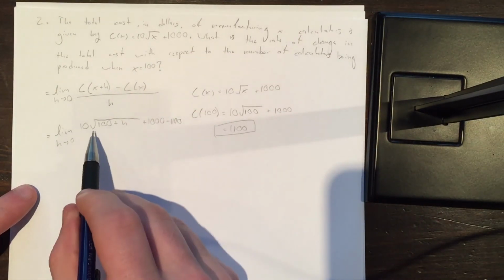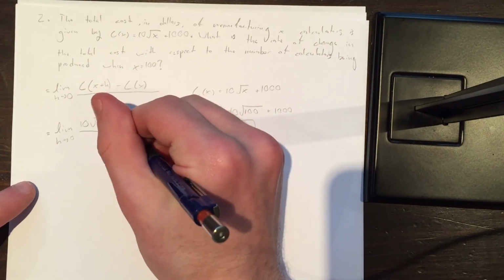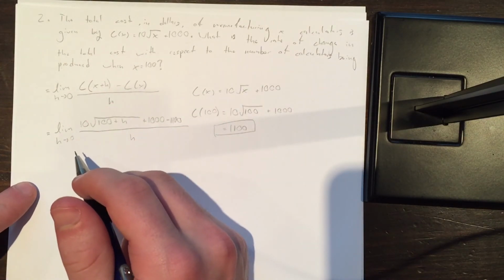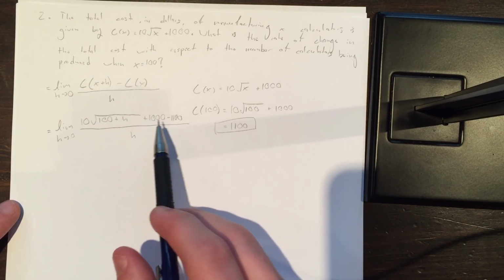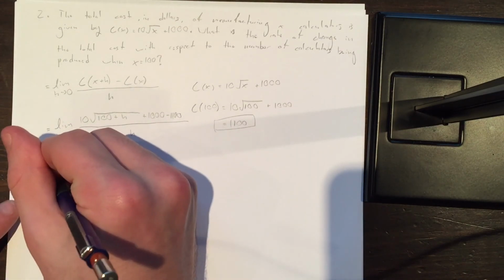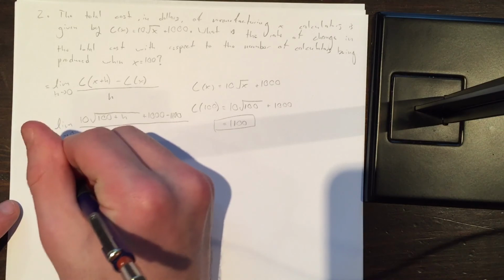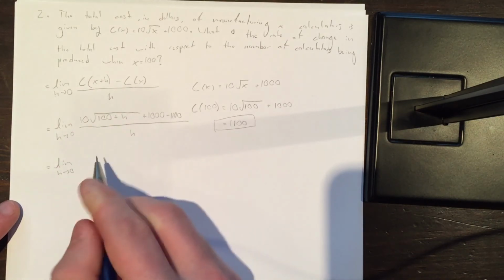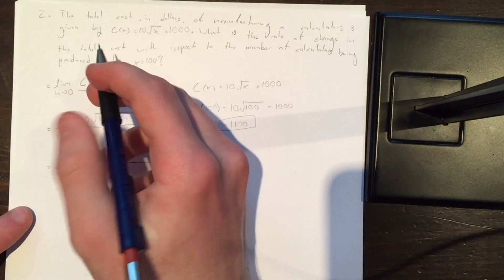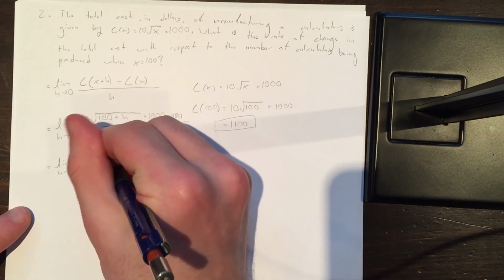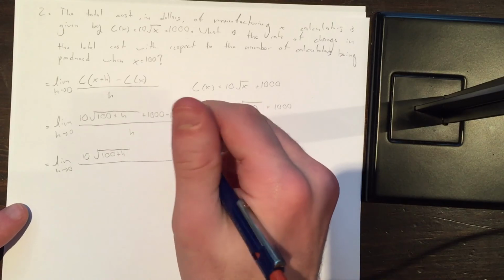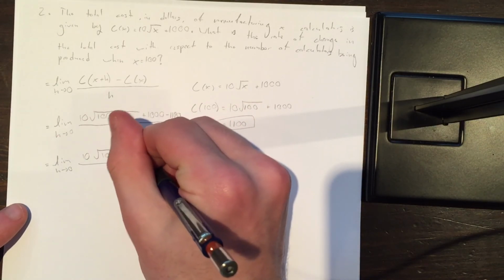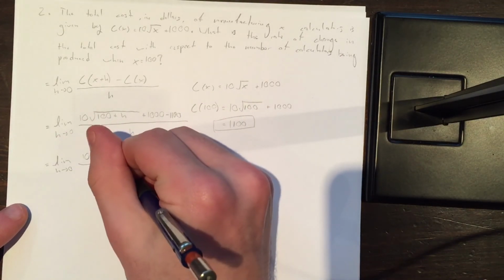And we're going to put all that over h. Now the next thing we're going to do is simplify this, right? 10 root 100 plus h, and we're going to simplify that to minus 100 over h.